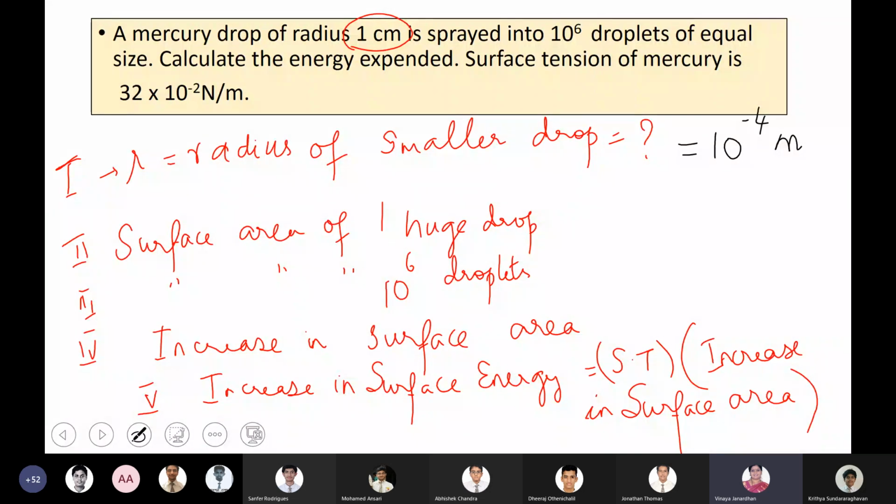What are the two things you are equating? Volume of one huge drop must be equal to volume of 10 to the power of 6 times the volume of one small drop.